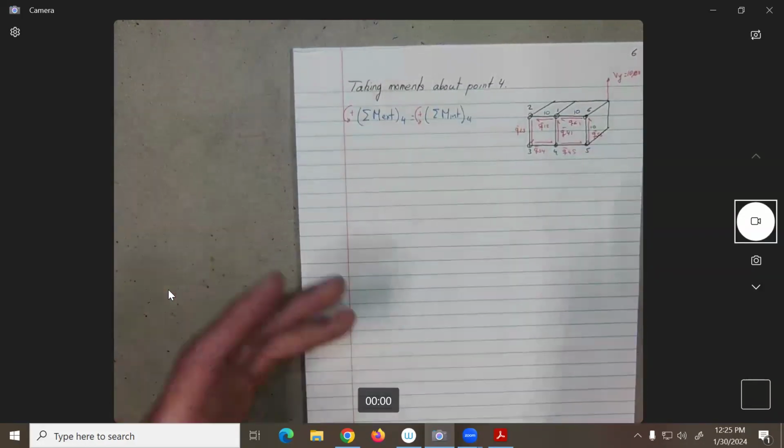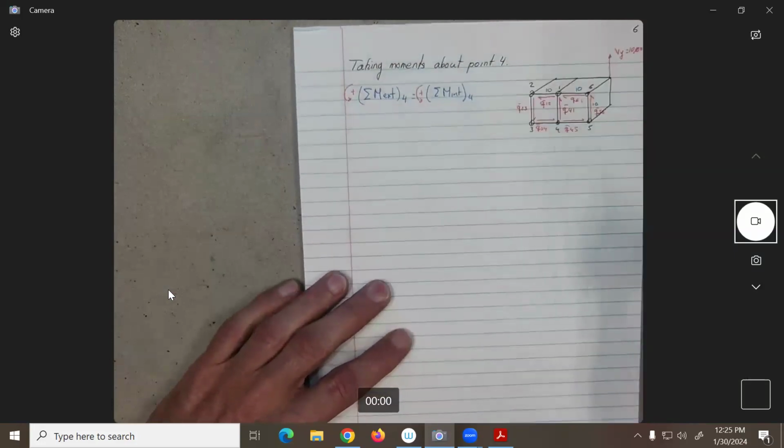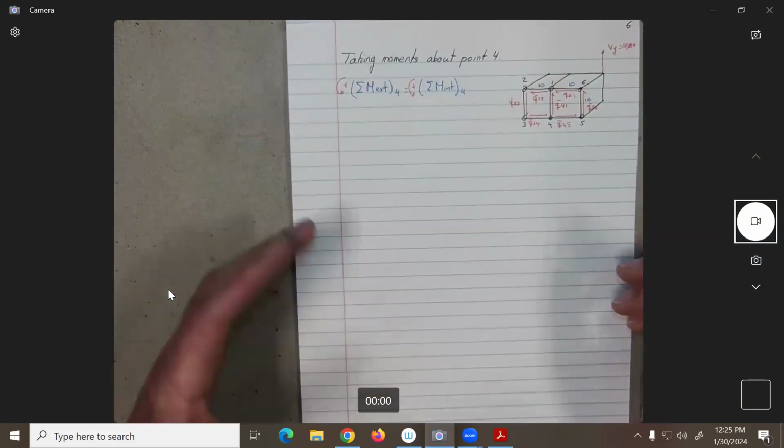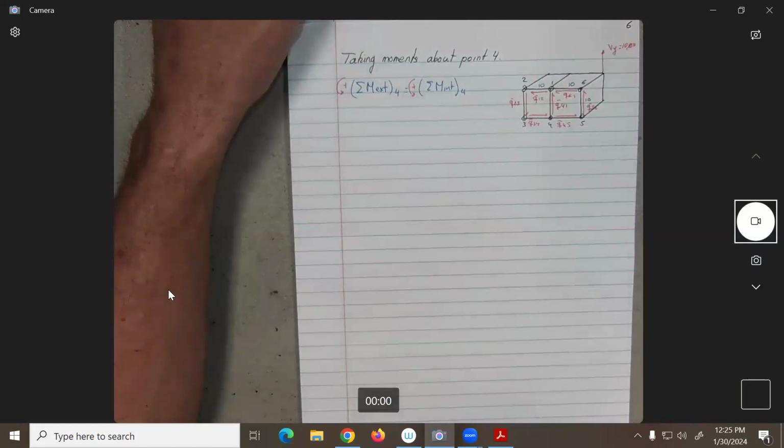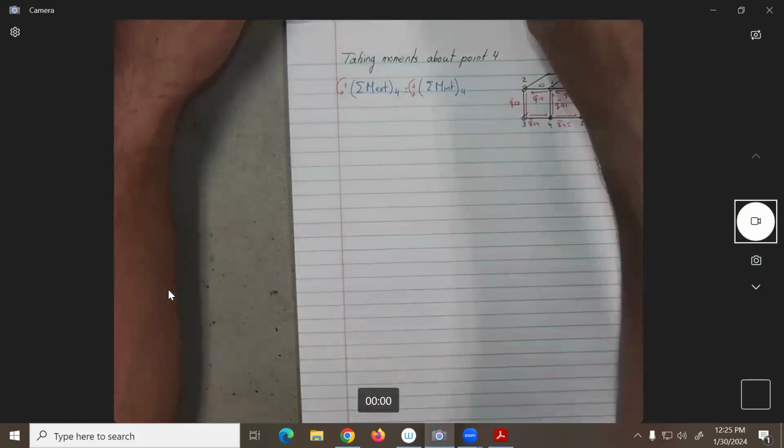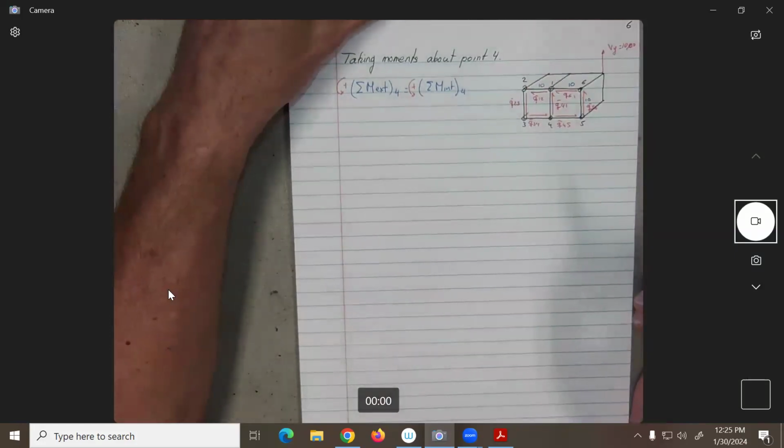So basically, we already wrote all these ones in function of Q1 and Q2, no? Okay? So now you need to be careful here.